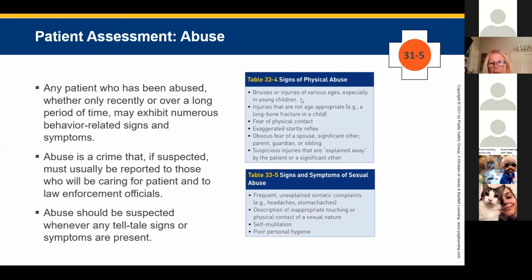Young children, when you deal with young kids, if you see something that's not normal to you, that's your gut telling you something is wrong. Make sure you take a note of it and report it. Injuries that are not age appropriate, like fractures in a child.